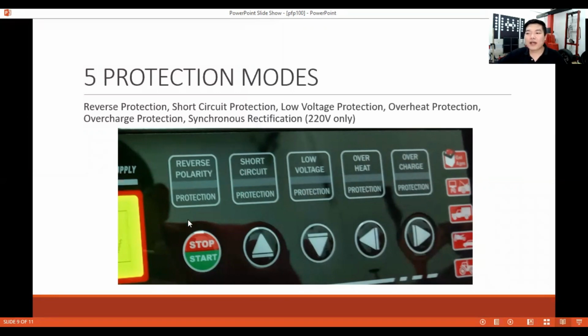And the reverse polarity. In body repair, many workers don't know about cars, and they switch the positive to negative, a crossover. This unit protects from it.